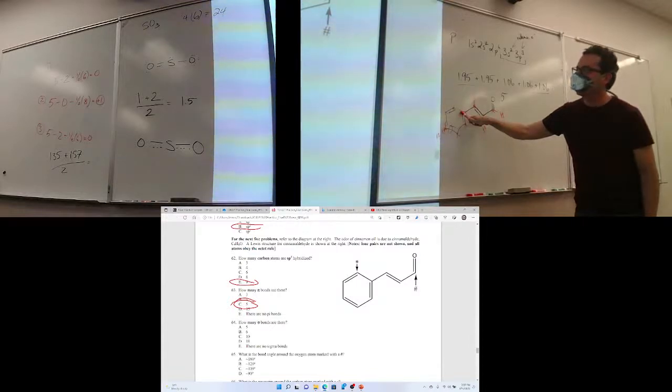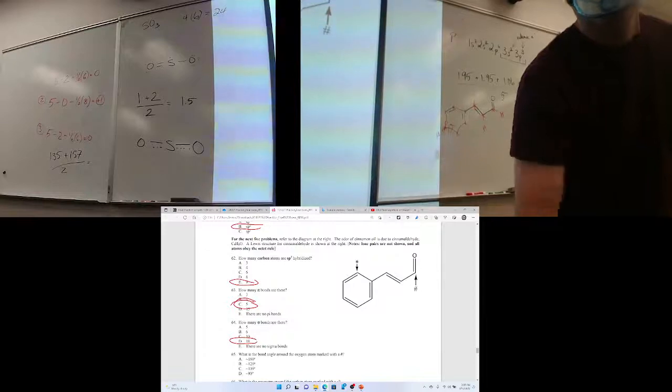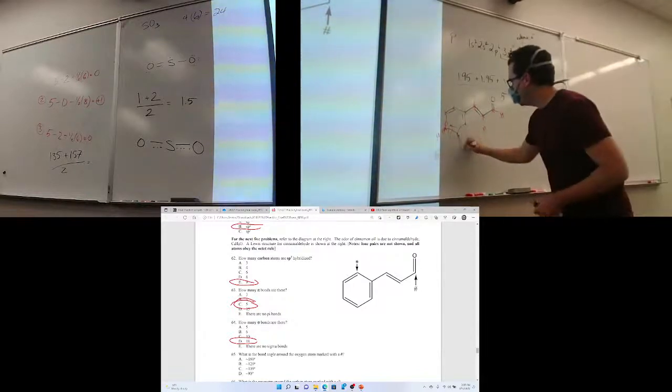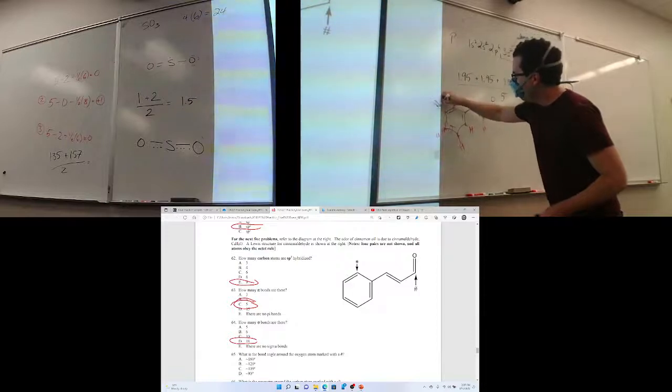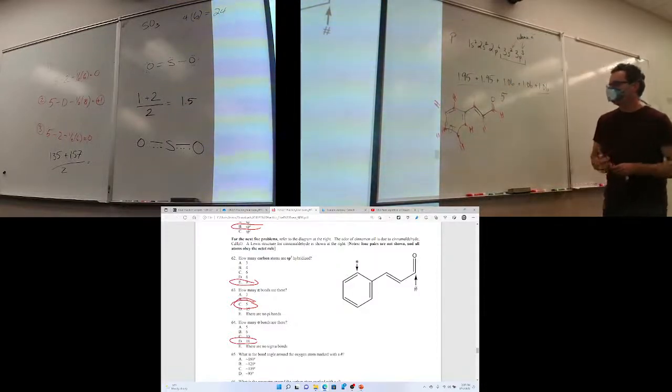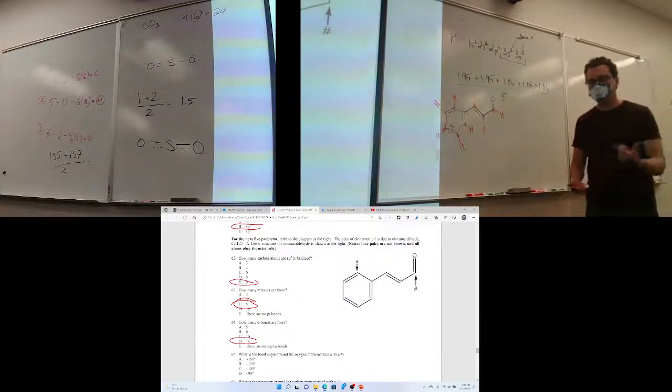I think I did them all right. There's 18 sigma bonds. Don't forget all these hydrogens that are on here. These are all connected with a sigma bond as well. And the double bonds have a sigma bond in them too. The double bonds are both sigma and pi together.